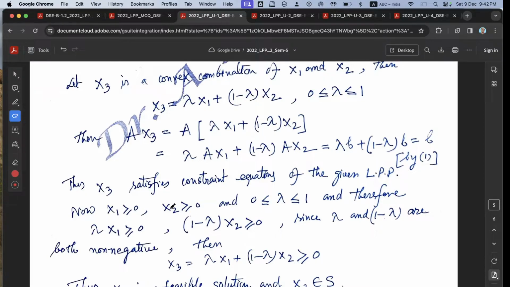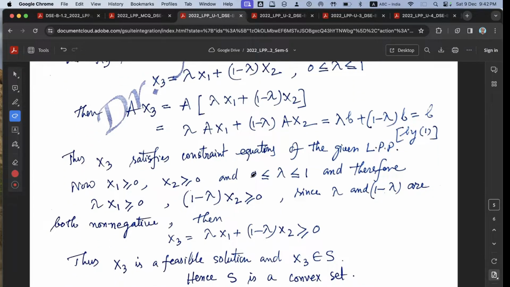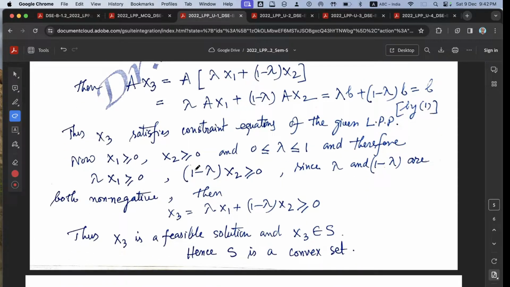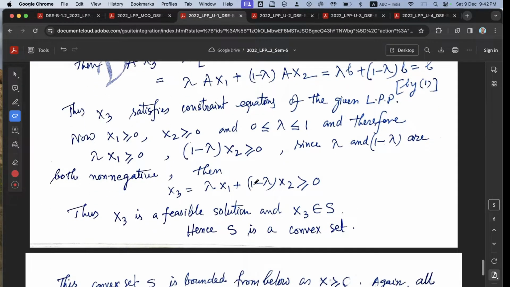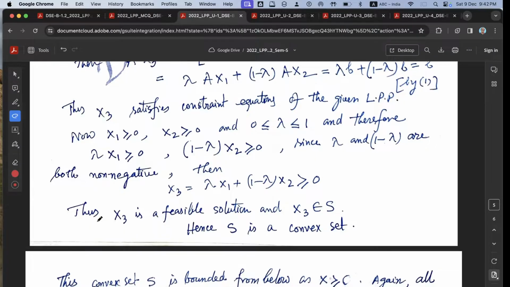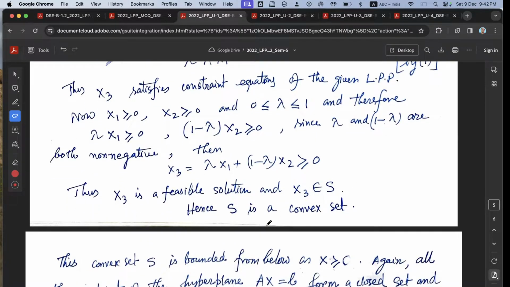Now X1 greater than or equal to 0, X2 greater than or equal to 0, and 0 less than or equal to lambda less than or equal to 1, and therefore lambda X1 greater than or equal to 0, and 1 minus lambda X2 greater than or equal to 0. Since lambda and 1 minus lambda are both non-negative, X3 is obviously greater than or equal to 0. Thus X3 is a feasible solution and belongs to S, so S is a convex set.